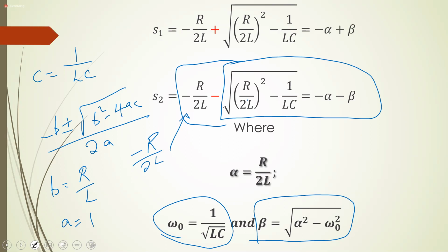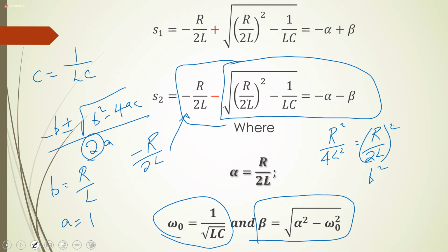B squared, again, if I bring the 2 into the square root sign, then it becomes 4. So it would be R squared over 4L squared, or R over 2L all squared, which is b squared. Fair enough?